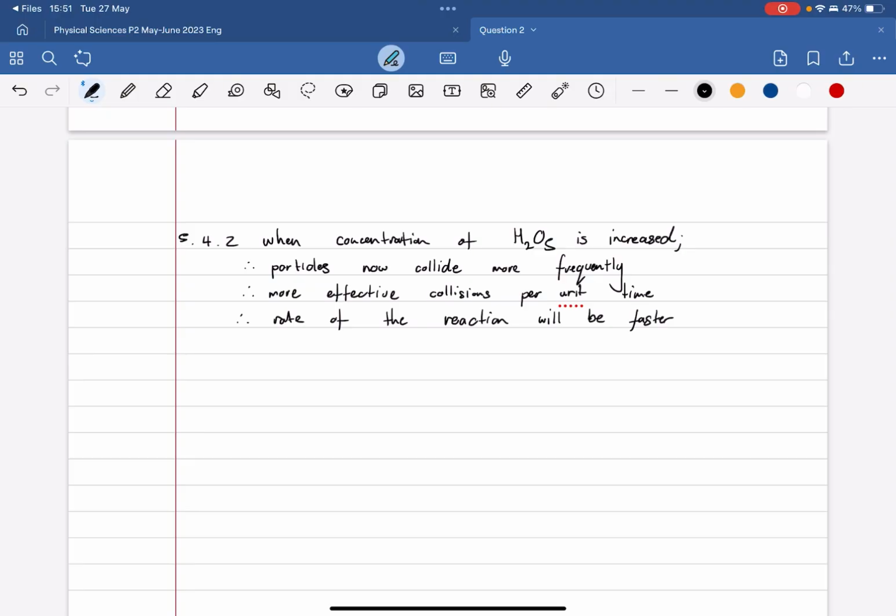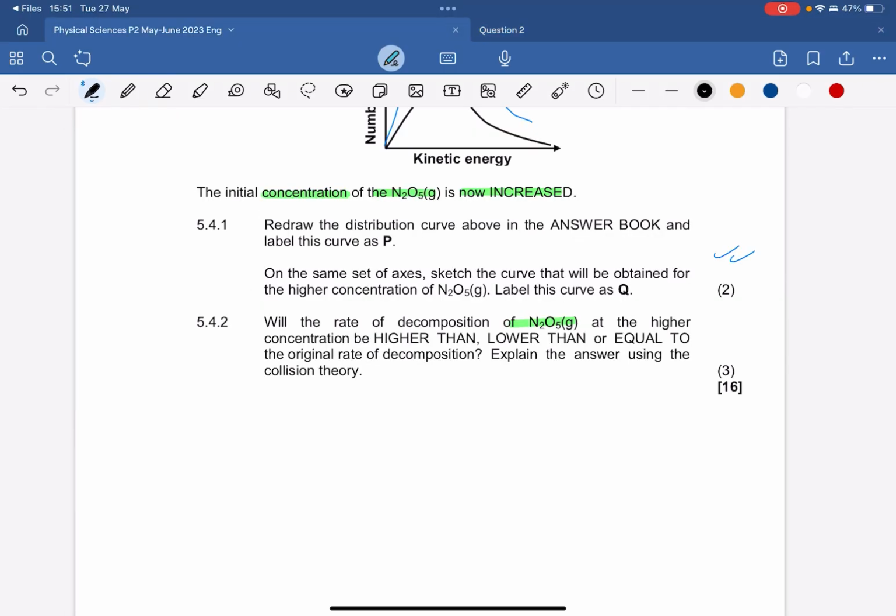So the first part of that answer should be higher than. We're actually supposed to say higher than, and then give this explanation. So the rate will definitely be higher because concentration was increased. Because we should know that concentration is directly proportional to the rate of a reaction.